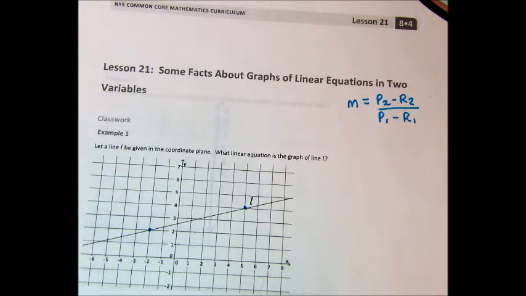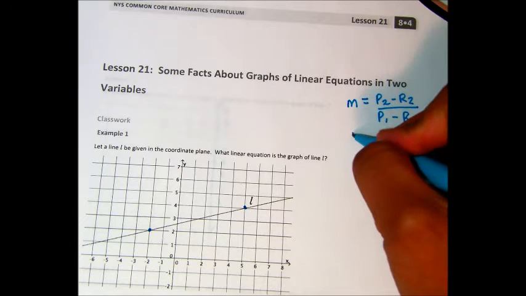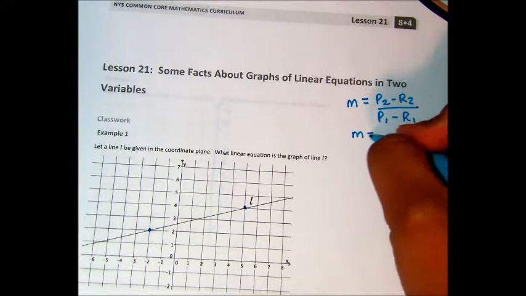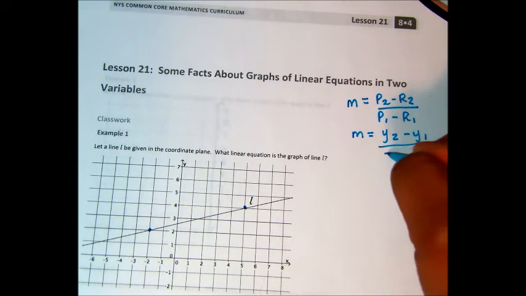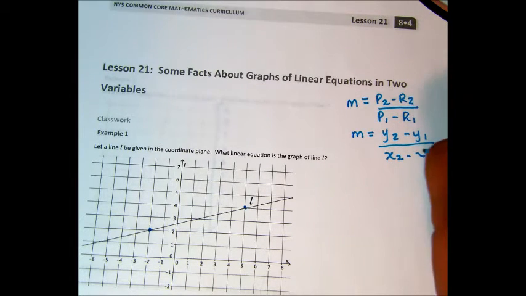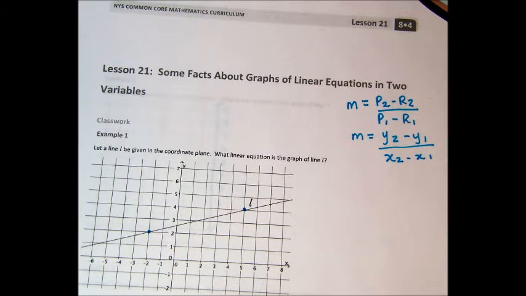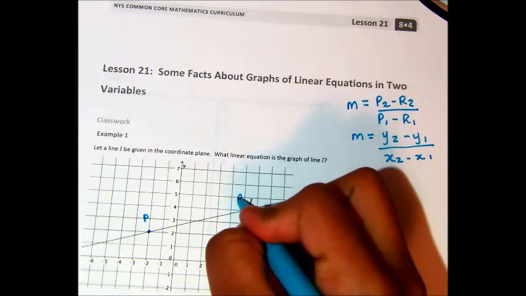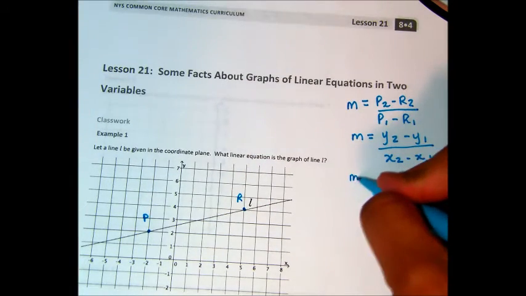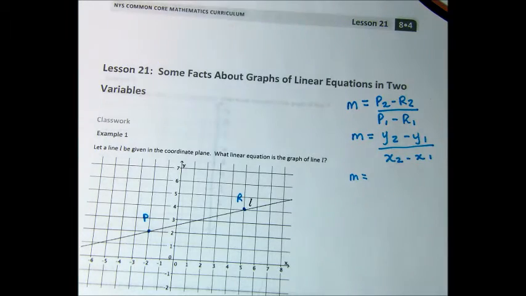You can continue to use the variables P and R, or you can use the variables y and x. So remember, slope is y2 minus y1 over x2 minus x1. All right, so I'm going to label points P and R, and let's calculate this slope.